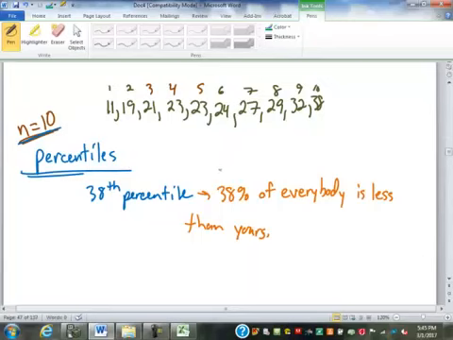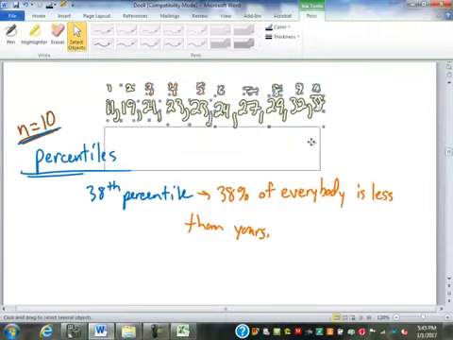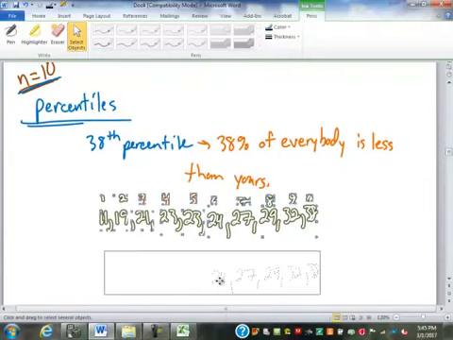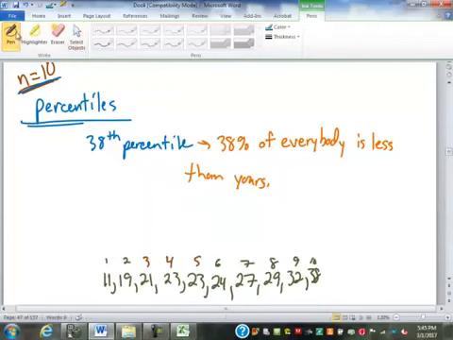So how do we find percentiles? Well, first thing I'm going to do is find the number that's in a given percentile. So I'm going to move this data set down another notch. To find a number in a given percentile, it is all about position.